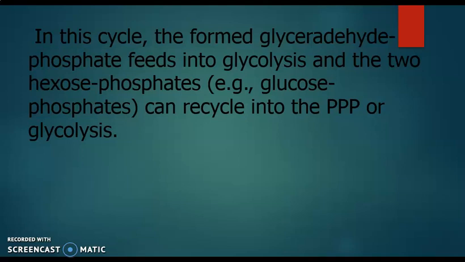They can recycle into the PPP or glycolysis. So, the hexose phosphates which are formed in this pentose phosphate pathway are again recycled to form the same cycle of hexose phosphate shunt, or sometimes they may enter the glycolysis. Hexose phosphate means glucose phosphates, that is glucose 6-phosphate.